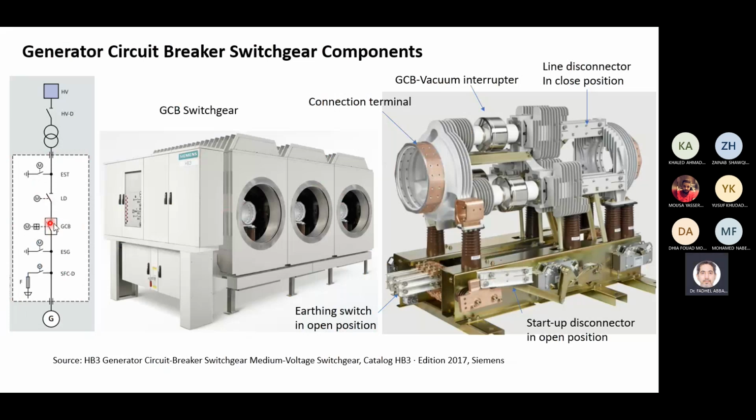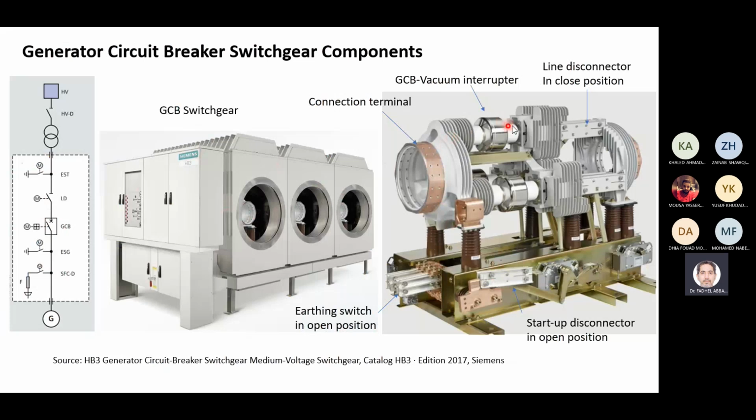It has a circuit breaker, an isolating disconnector switch, an earth switch, so all of this now becomes a switchgear of a generator. And this is what's inside the switchgear of the circuit breaker.